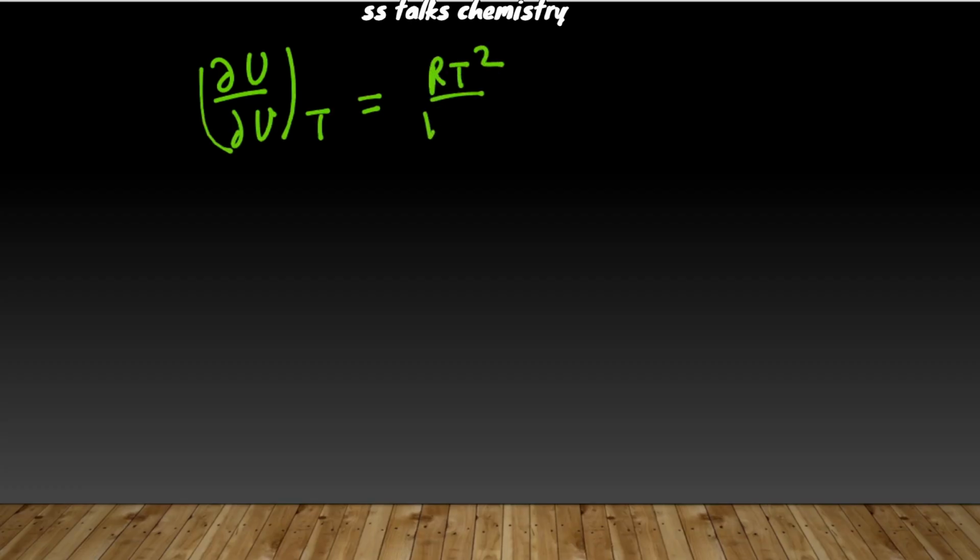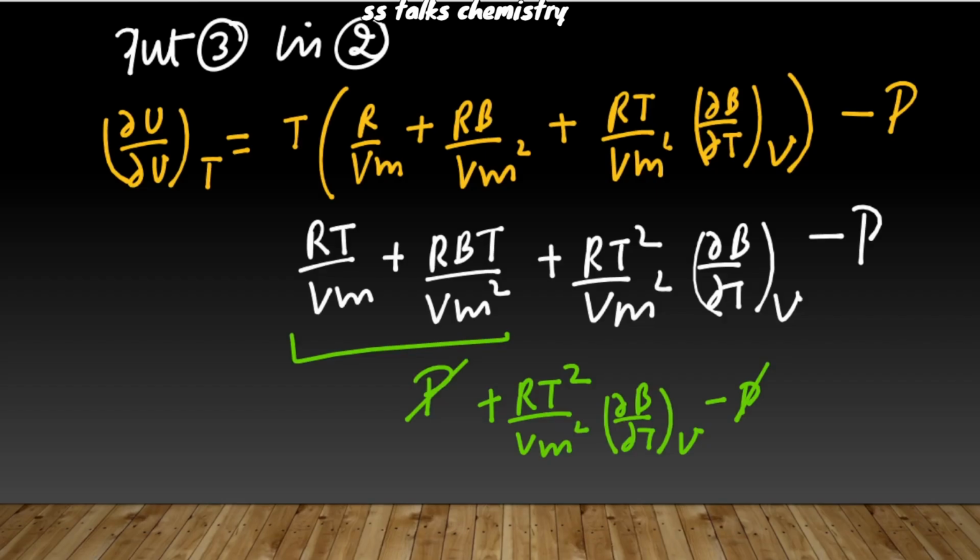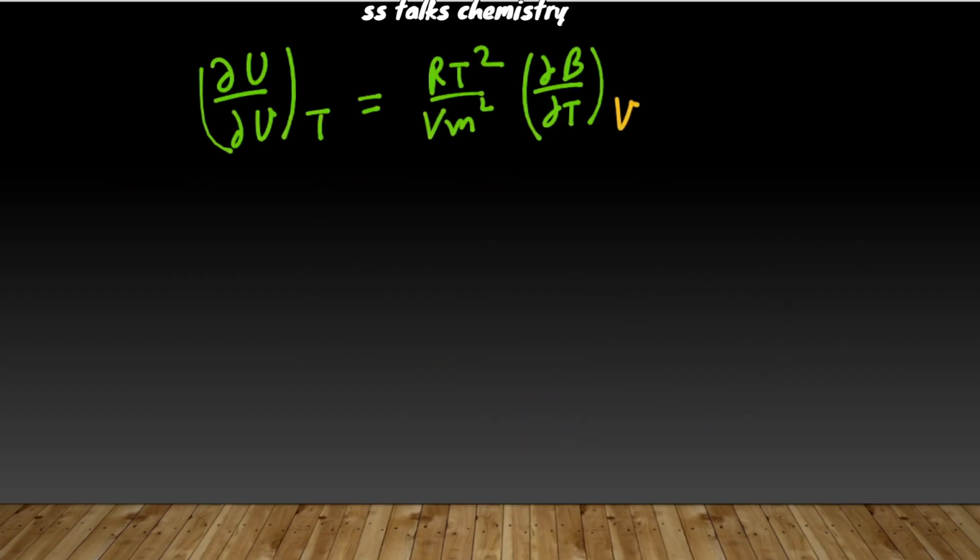So my del U by del V at constant temperature, we have got it: RT square upon the Vm square into del B by del T at constant volume. So now this expression that we have got, you can label as equation number 4.